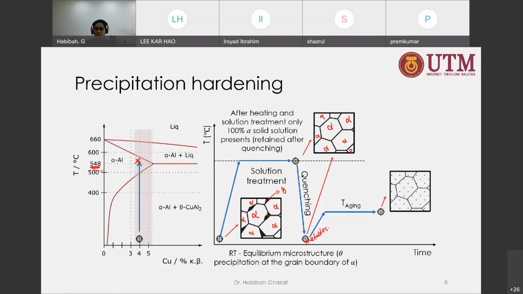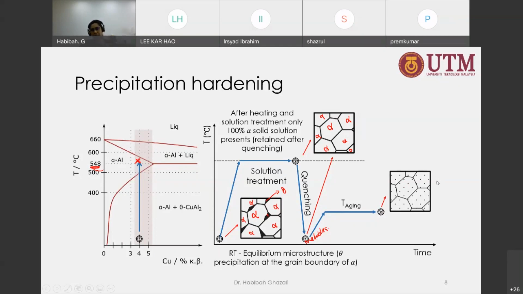So in the final microstructure, when all of these precipitates come out in the matrix of this grain of the alpha, if we do the hardness test, we will see that it has a better hardness and also high strength.